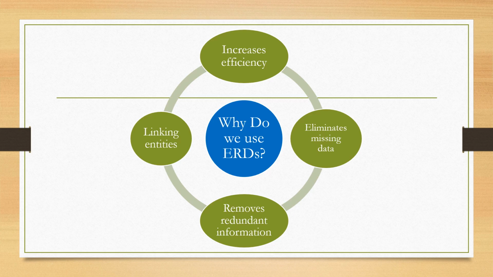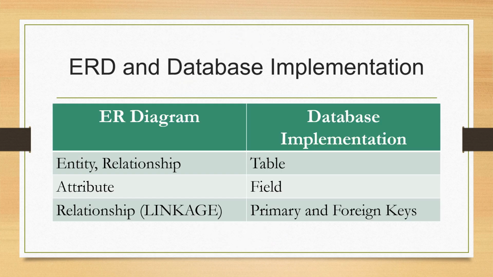When comparing entity relationship diagrams to a database, it helps to understand the connection between the terminology. Entity refers to a table. Attribute refers to a field or column within that table. Links between entities refers to primary key and foreign key.